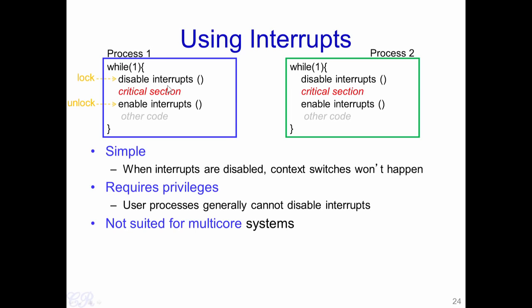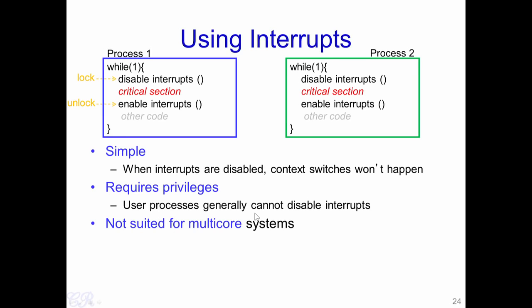Thus, on a multi-core system, when disable interrupts is invoked, all interrupts to only that core in the processor are disabled. Other processors, such as a processor which is running process 2, will not be affected by the disabling of interrupts. Therefore, this solution is not suited for multi-core systems.